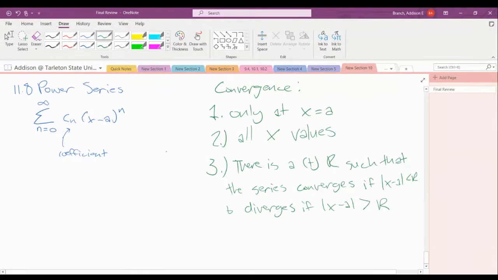And here, R is what we call the radius of convergence, because that's the radius away from that midpoint that you can go and still converge. And from here we can get what is called the interval of convergence.